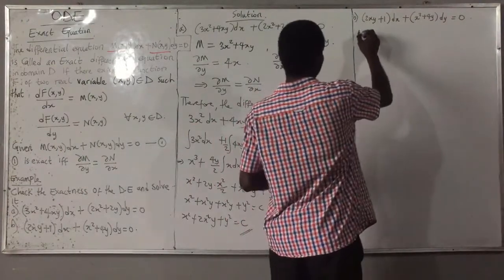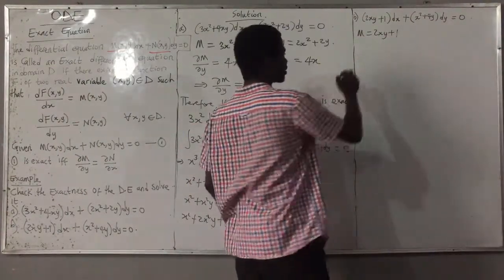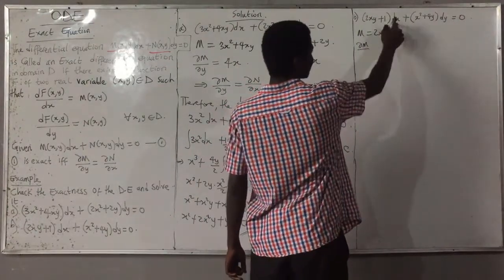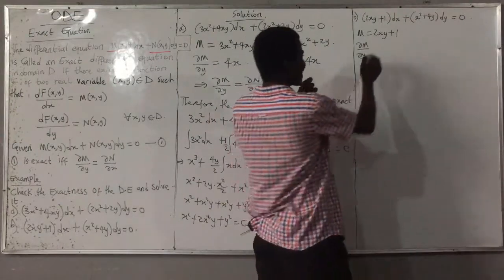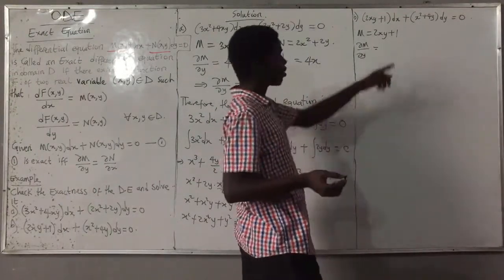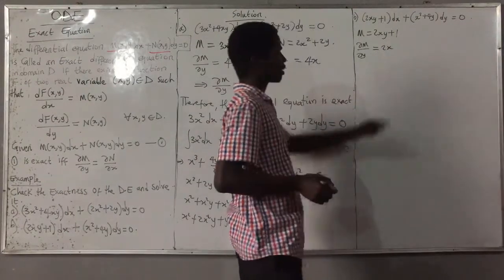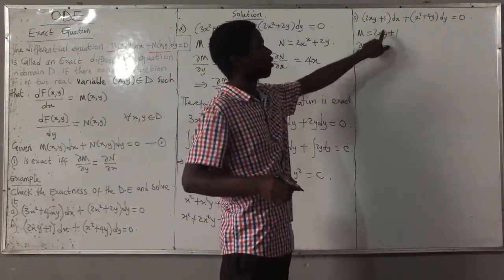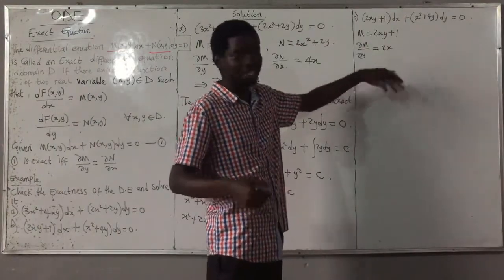So what is M? M is 2xy + 1. Differentiate it with respect to y, because this is x already. With respect to y, I told you anything that is not y is a constant. Differentiate 2xy, the answer is 2x. This one is like a constant. Like differentiate 4y, the answer is 4. So differentiate 2xy, the answer is 2x.